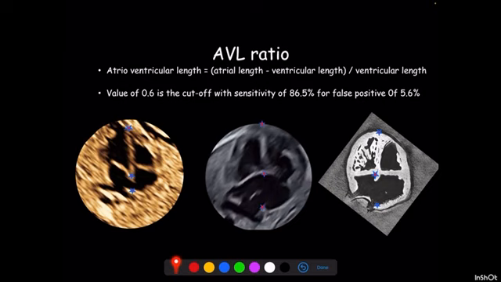The atrioventricular length is the difference between the atrial and ventricular lengths divided by the ventricular length. The value of 0.6 is the cutoff, with a sensitivity of around 86.5% and a false positive rate of 56%. With routine eyeballing, you can see that the atrial portion is higher when compared to the ventricular distance.